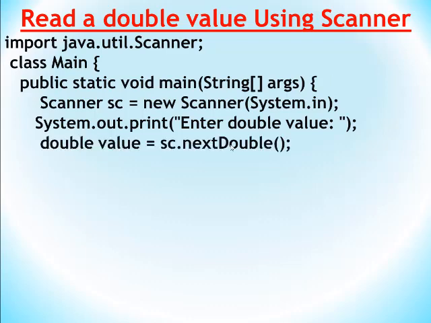Then this is the method, nextDouble, that will input the double value from the user, and this double is the data type and this is the variable name. Because the value entered by the user will be a double type of value, you require a double type variable on the left hand side of the expression.